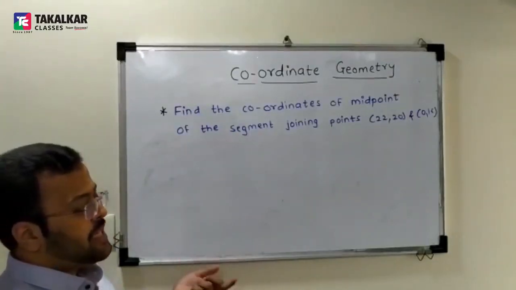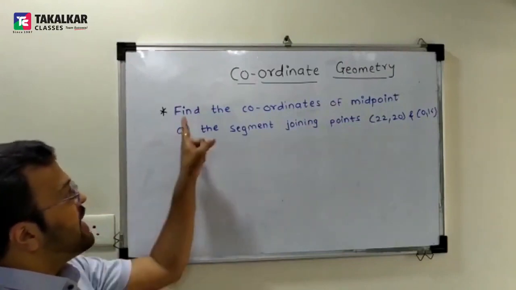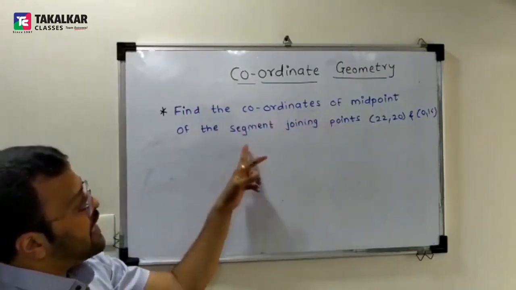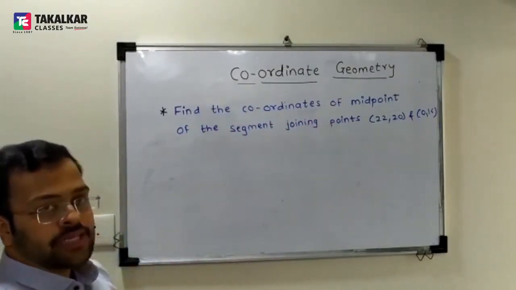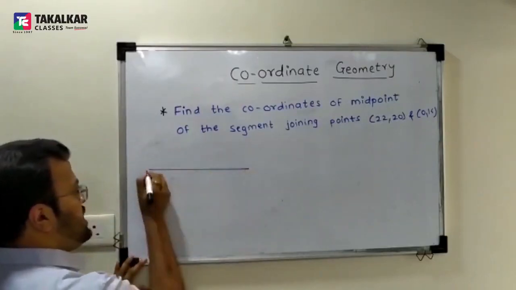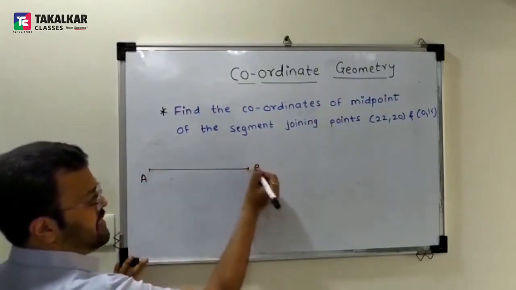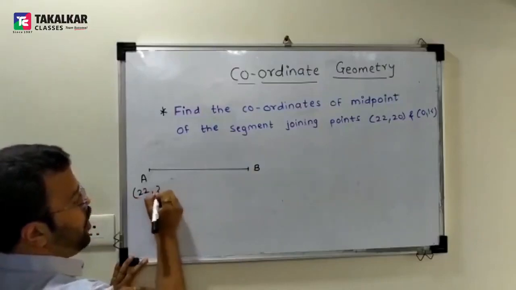Now first we will see a sum based on the midpoint formula. Look at this question carefully. Find the coordinates of the midpoint of the segment joining points (22, 20) and (0, 16). So the first step is you have to draw a rough diagram. Suppose this is my first point, I will name it A. This is the second point, I will name it B. What is my first point? 22, 20.